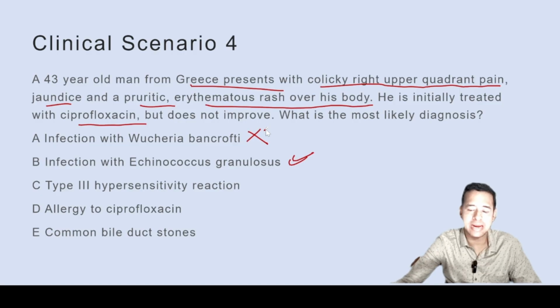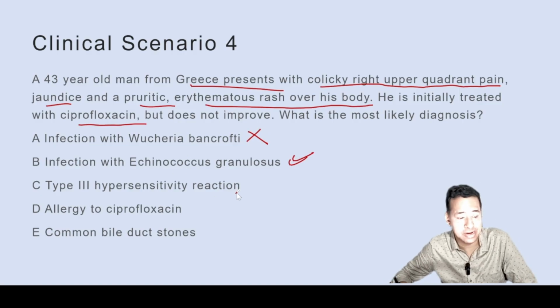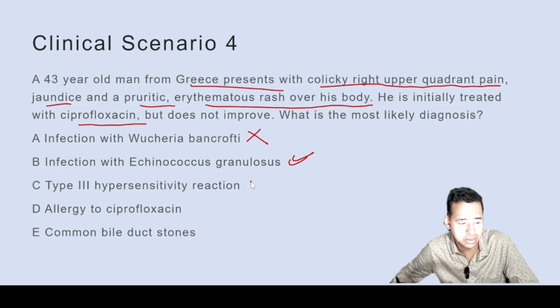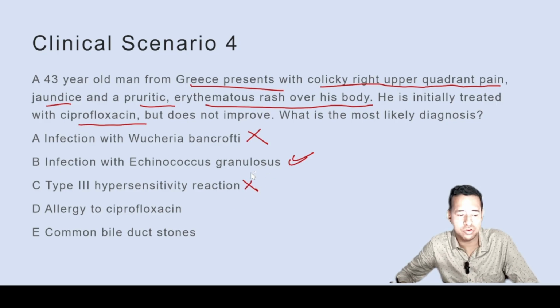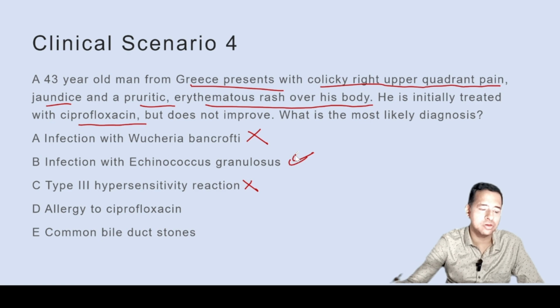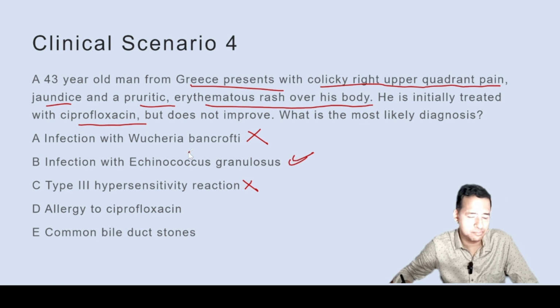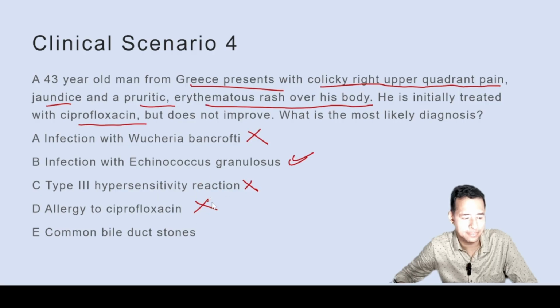And next is type 3 hypersensitivity reaction, clinical picture due to hydatid infection. Again, type 3 doesn't explain the full presentation, so this is also not the answer. And allergy to ciprofloxacin: the symptoms existed before treatment failure and it doesn't explain biliary disease, so this is also not the answer.